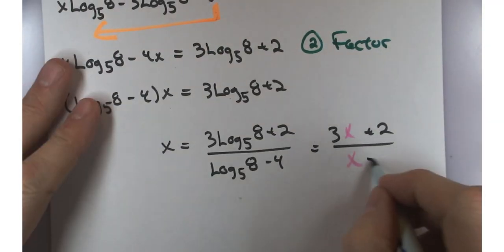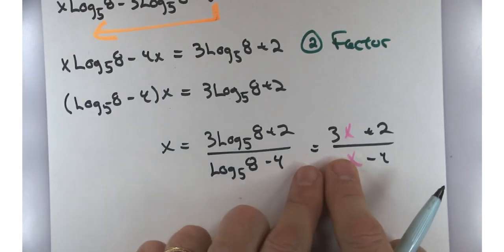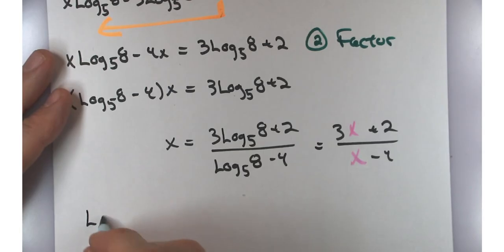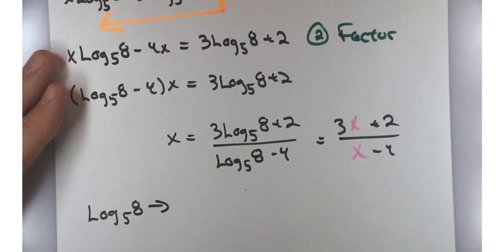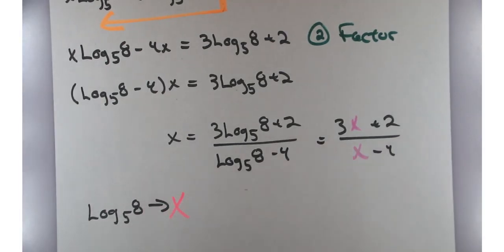So really, it's going to be a little bit easier for us to input this into our calculator as long as we take log base 5 of 8 and store it in x. So that's how we're getting that expression. And that's what we're eventually going to type in. So let's do that.